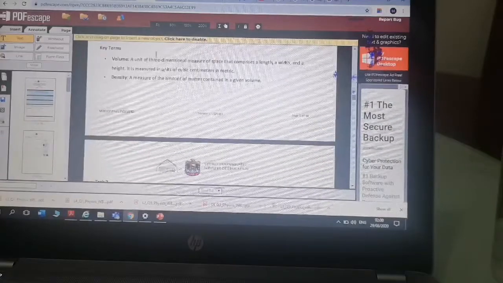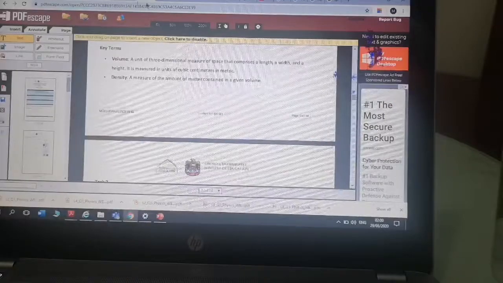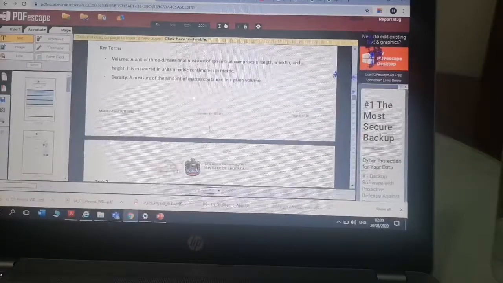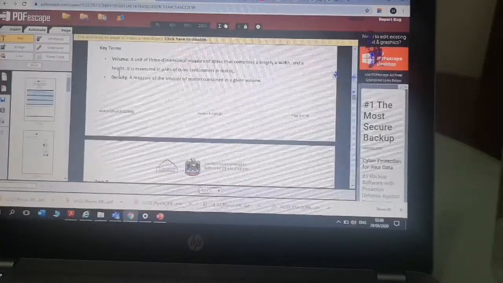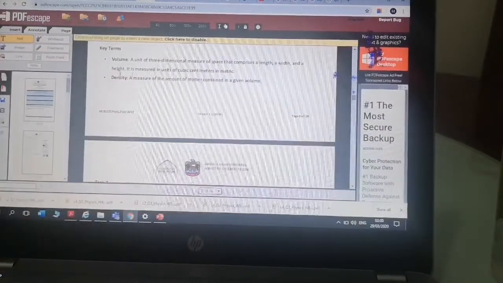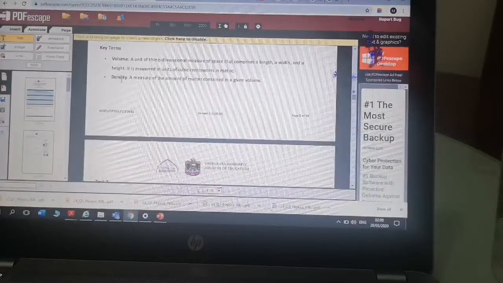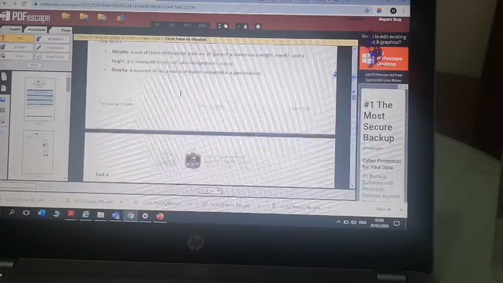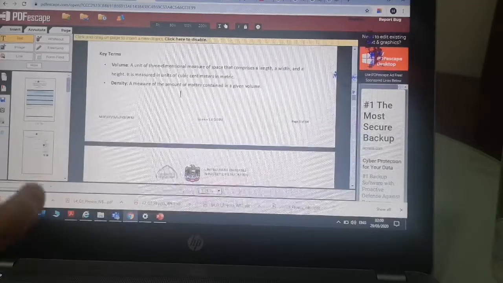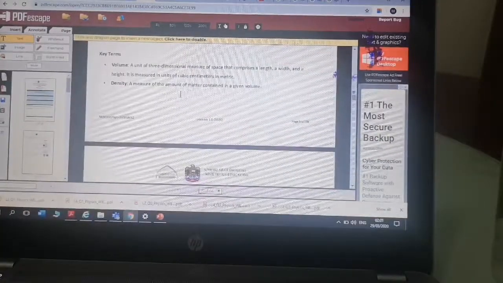Volume is always in 3D, three dimensions. So this screen is 2 dimensions because there's no thickness to this letter on the screen. 3 dimensions must have a length, a width, and a height. 3D, like a cube.